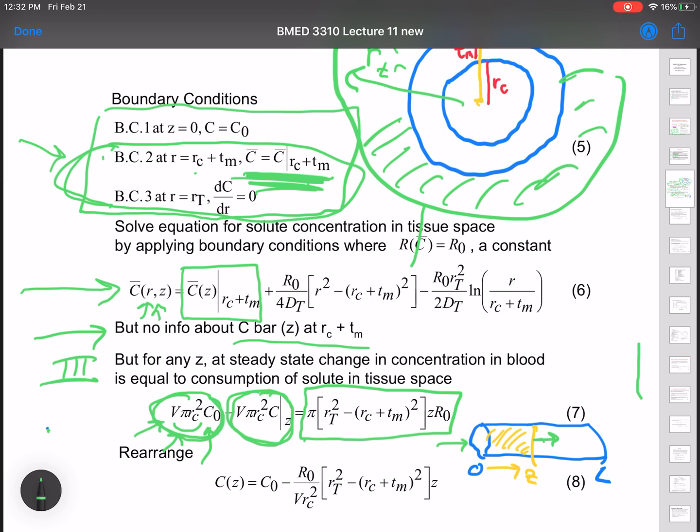All right, and what's consumed in the tissue is that cylinder of tissue. Let's start here. Here's the reaction rate, times the volume of the tissue, which is the cylinder of the tissue minus the cylinder of the capillary.